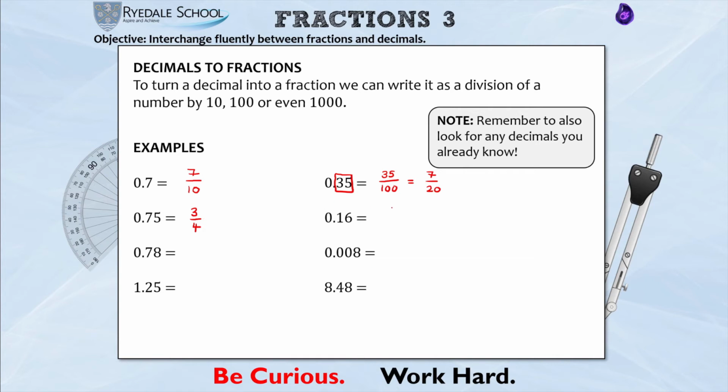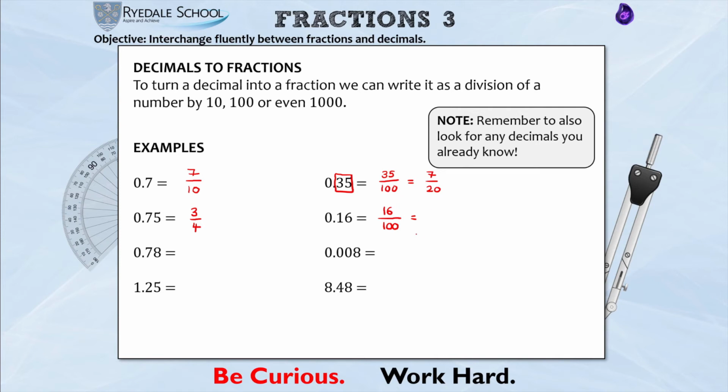0.16. Well, once again, that is going to be a fraction out of 100. But of course it simplifies. If you can't do the simplification in one step, then simplify your fraction over multiple steps.